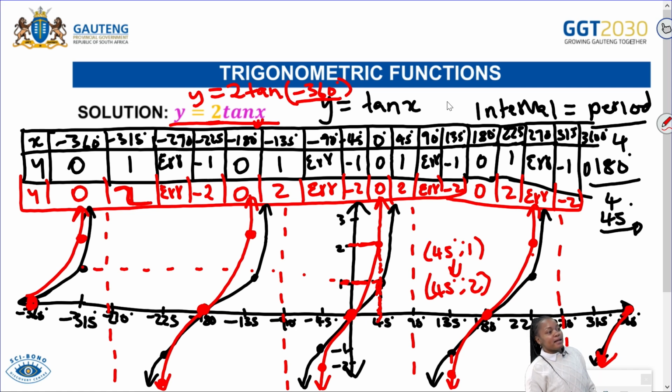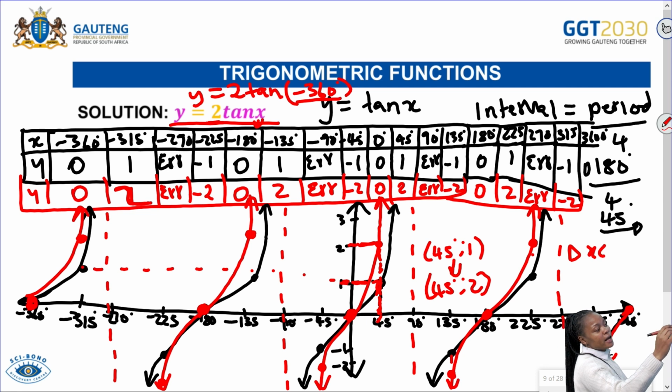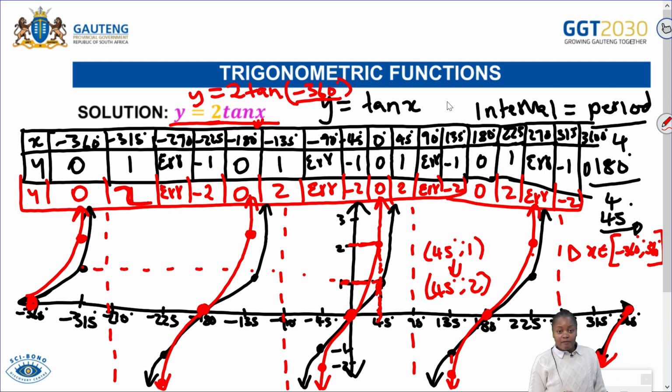Okay, another thing, let's look at the domains. The domain, x is an element of, is restricted from -360 up until +360, right? So you open a square bracket because -360 is included, or it starts exactly at -360 up until 360 degrees. These are all the values of x that are covered by the graph. Then you look at the range.